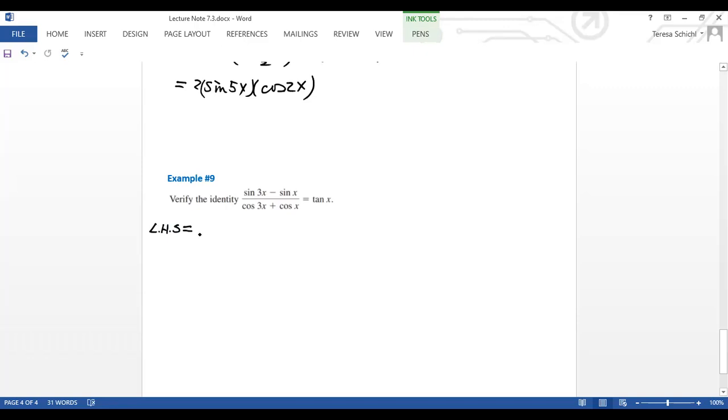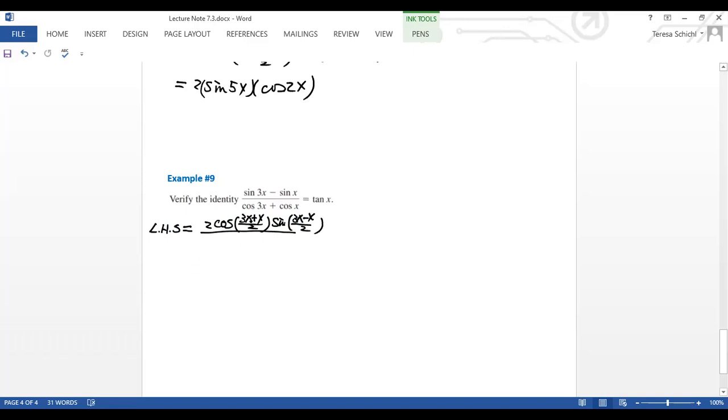The top is sine 3x minus sine x, so it's a sine minus sine, and I use the second formula: 2 cosine of (3x plus x) over 2, times sine of (3x minus x) over 2.